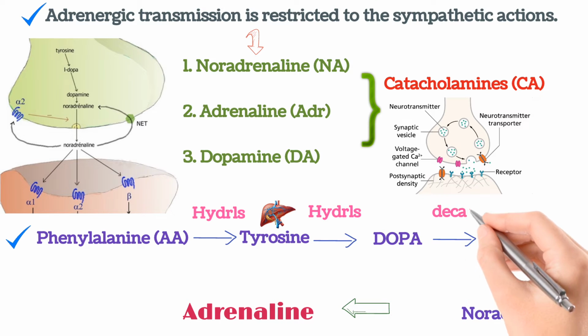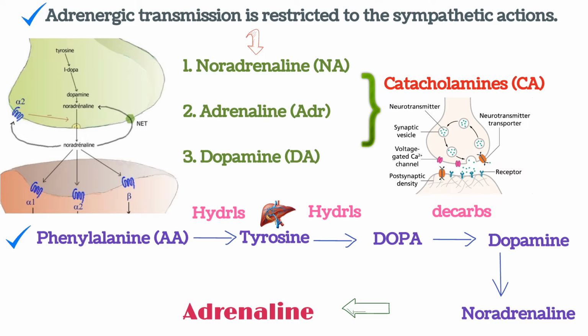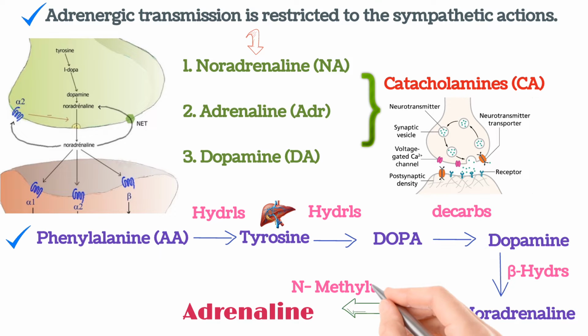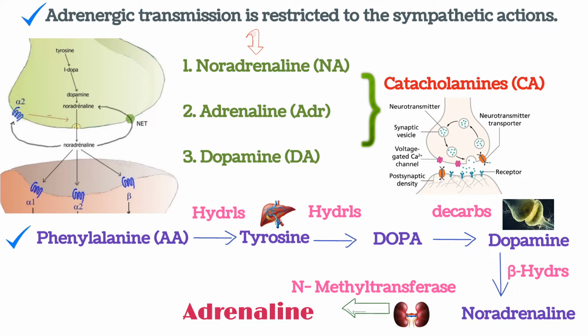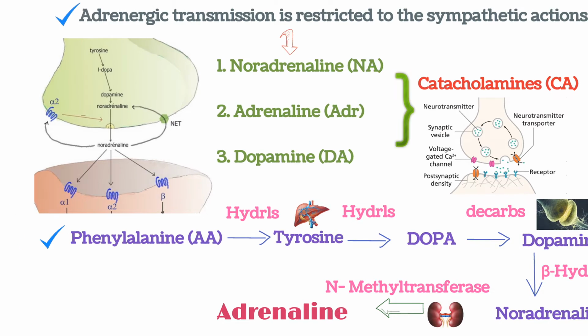Then dopa to dopamine conversion takes place in the presence of decarboxylase enzyme, and dopamine gets converted into noradrenaline by beta hydroxylase enzyme. The conversion of noradrenaline to adrenaline takes place inside the adrenal gland through an enzyme called N-methyl transferase. The rest of the reactions occur inside the neuron, liver, neuron, then adrenal glands.